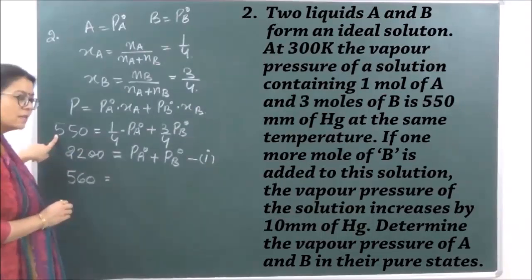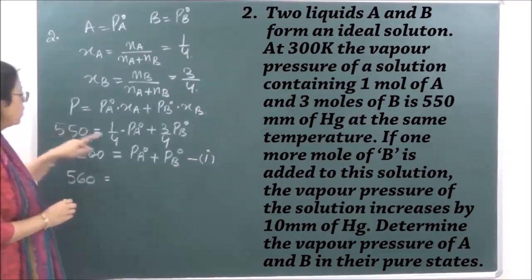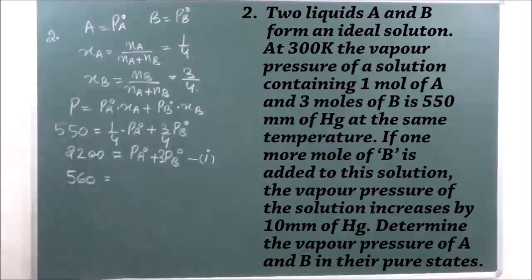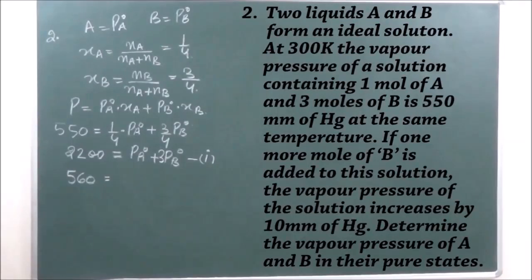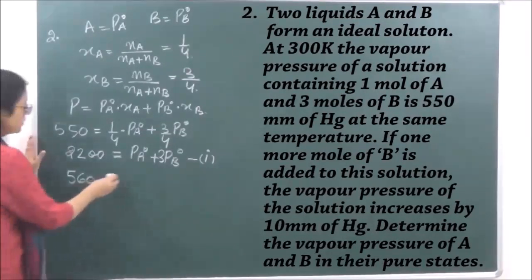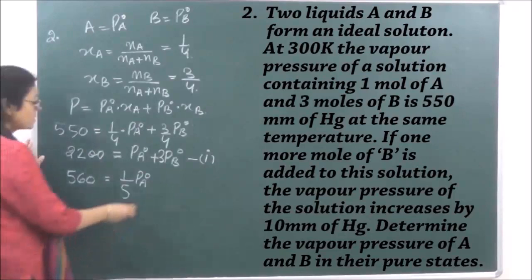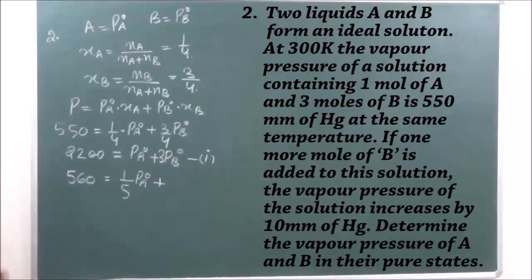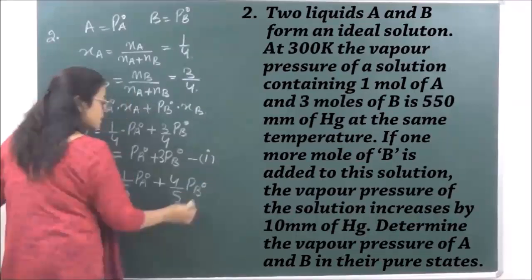The number of moles of A is 1 by 5 now, and the total number of moles is 5, so XB is 4 by 5. So 560 equals 1 by 5 PA naught plus 4 by 5 PB naught.